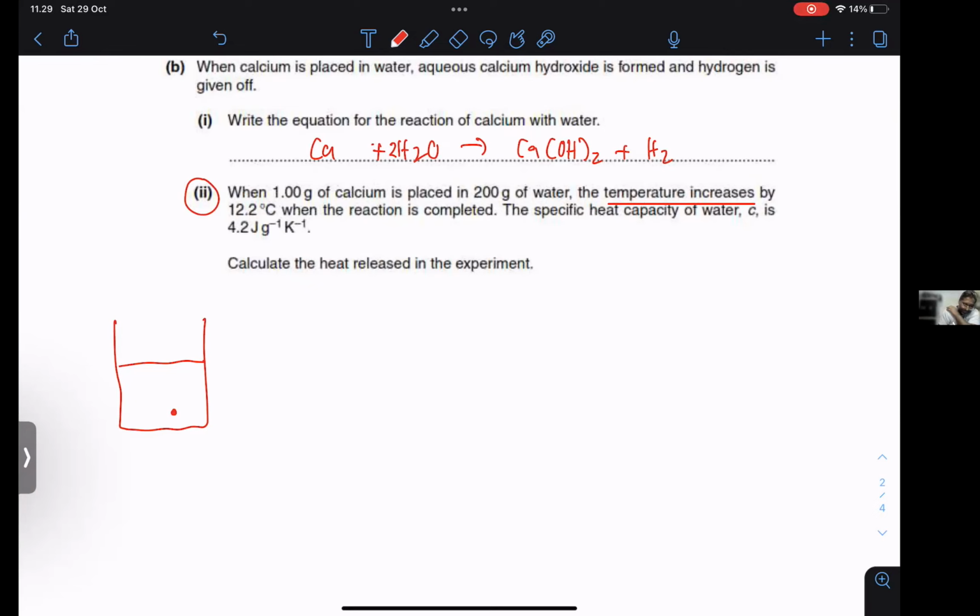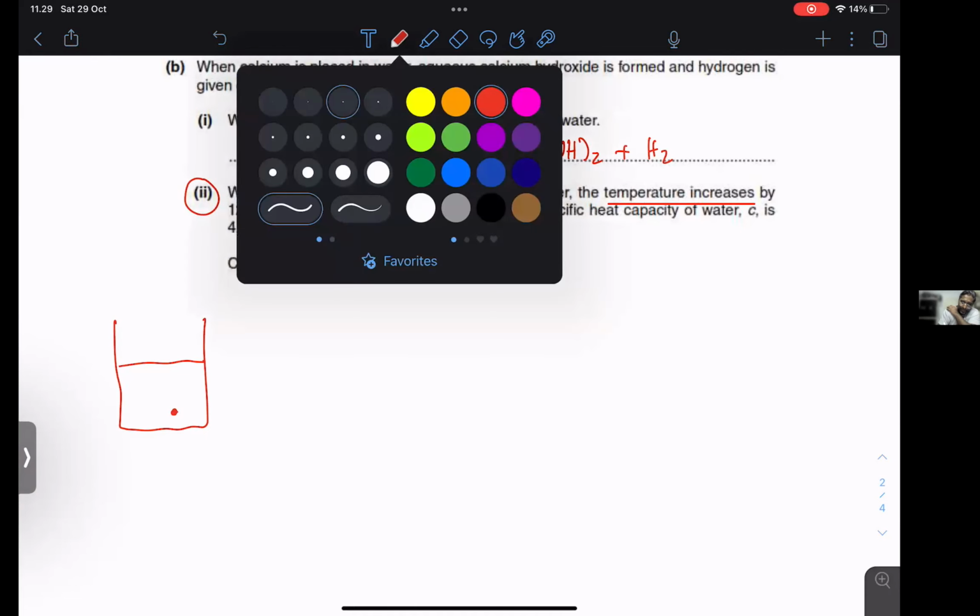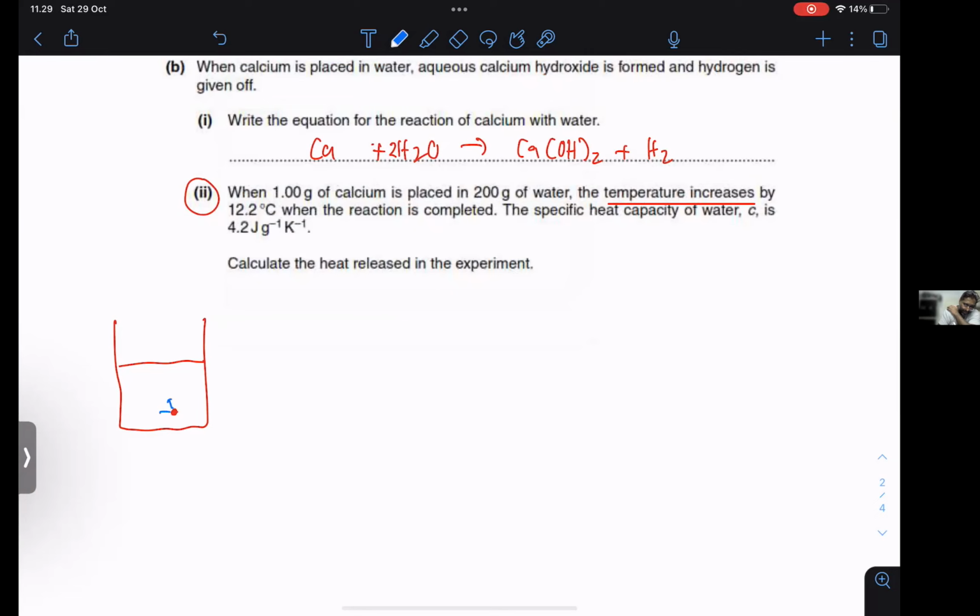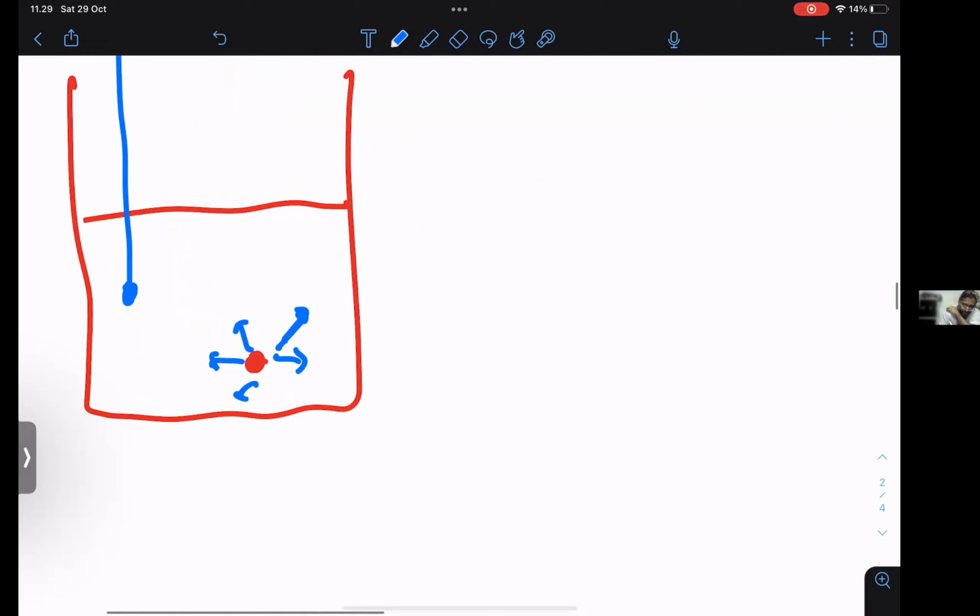When heat is given out, do remember that this heat is going to be absorbed by the water around, because I place the thermometer into the water. I don't place it into the calcium. I want you to understand this. When I place it into the water, it means that all the heat energy going out, we assume is absorbed by the water. This is very important.